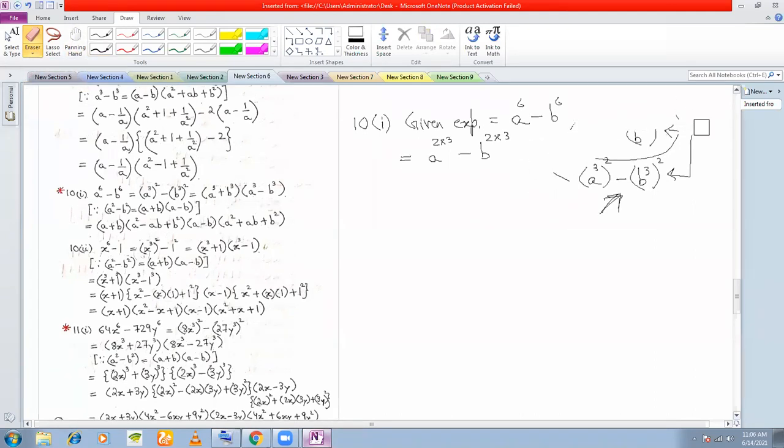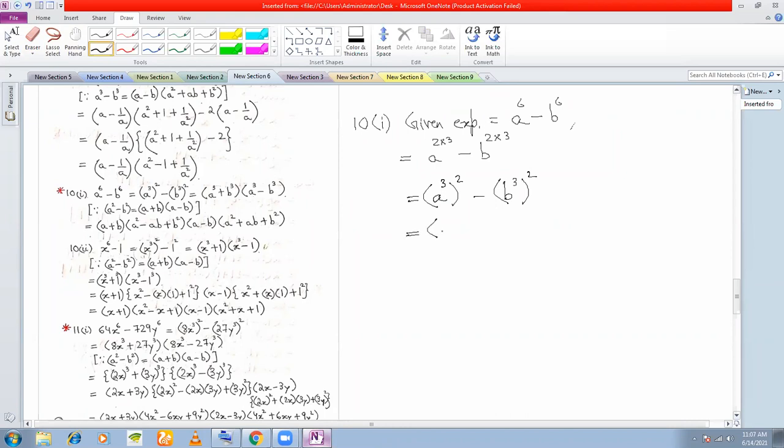So what I'll do here is I can write this as a cube square minus b cube square. Now this is a plus b into a minus b. So I'll write this as a plus b into a minus b. Okay. Now I'll use the cube formula. For the first one, a cube plus b cube, what is the formula? a plus b into a square minus ab plus b square.